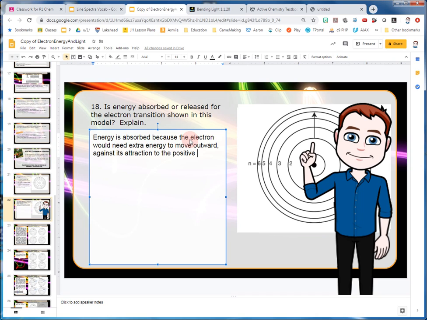Let's be as specific as possible. Because the negative electron against its attraction to the positive nucleus. All right, I like that. I'm proud of that answer.